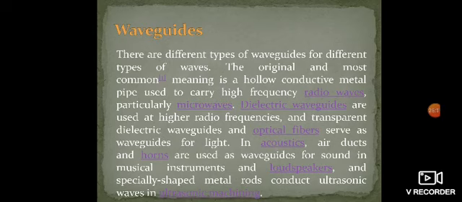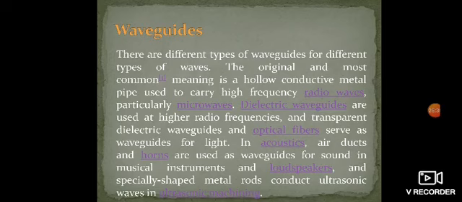The original and most common meaning is a hollow conductive metal pipe used to carry high frequencies, that is radio waves, and particularly microwaves. Dielectric waveguides are used at higher radio frequencies, and transparent dielectric waveguides and optical fibers serve as waveguides for light.